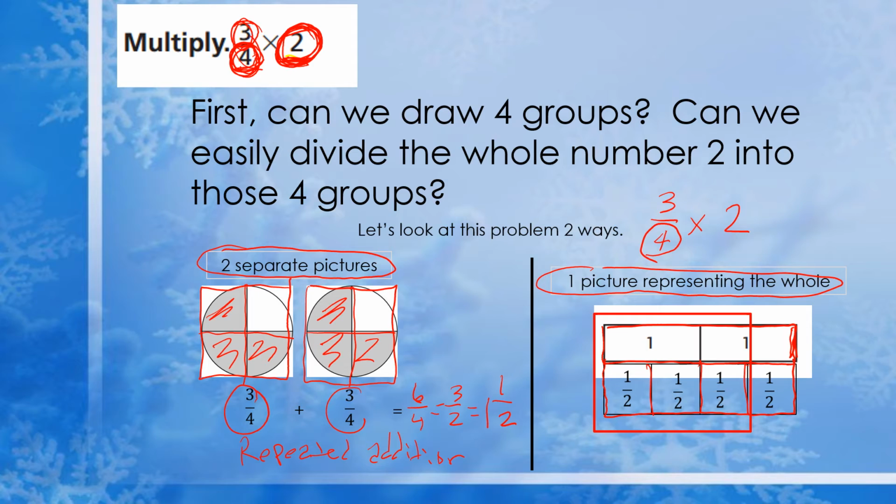But notice that it's not a fourth, because if I have 2 pieces under each whole, each one would be worth a half. Okay? So if I shade in 3/4, 1, 2, 3, you'll notice that we have 1 whole shaded and 1/2. Now I'll tell you that the first model is a lot easier to use than the next one, but it's kind of a preference.